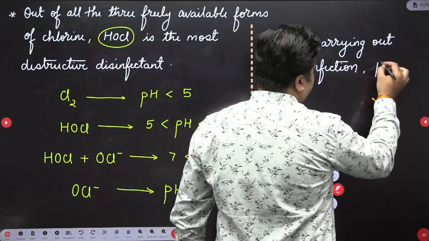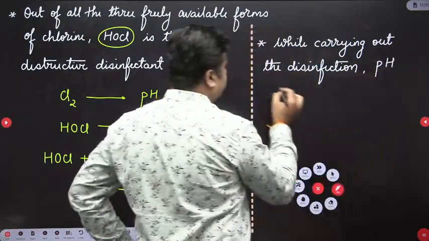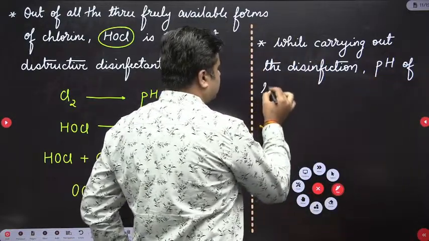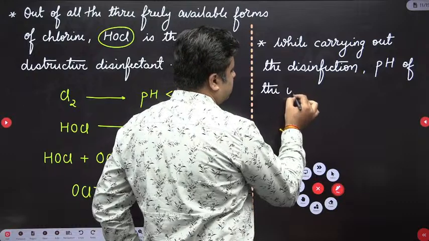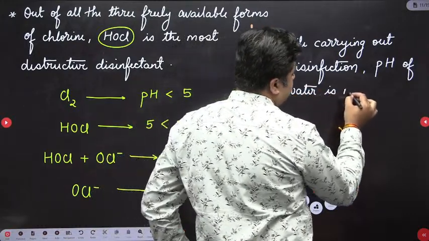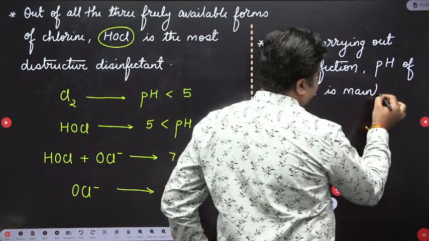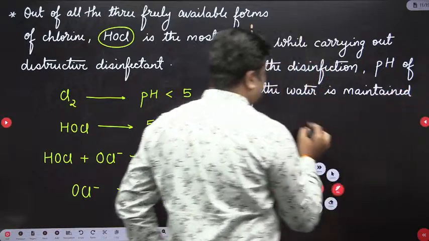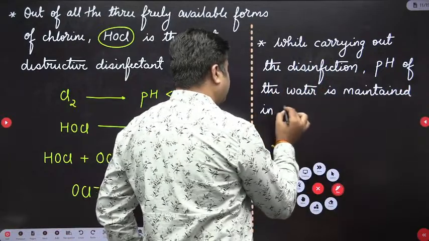The pH of the water is maintained in the range of 5 to 7.